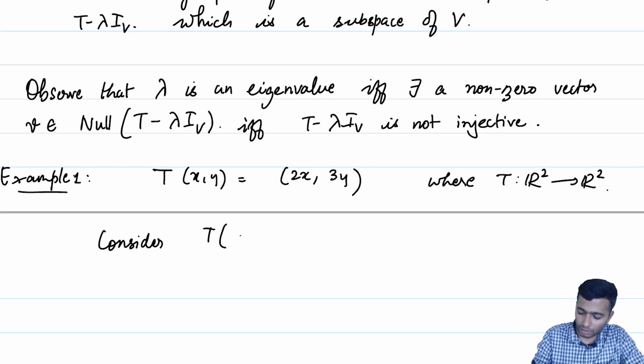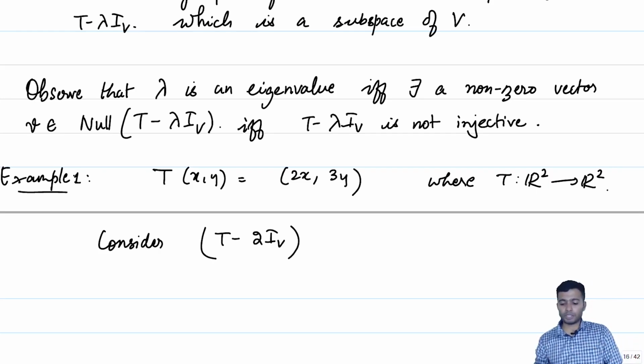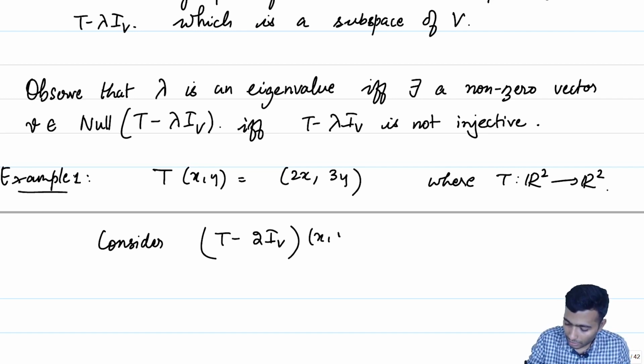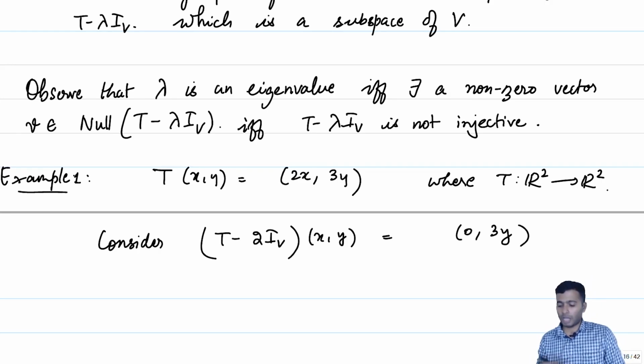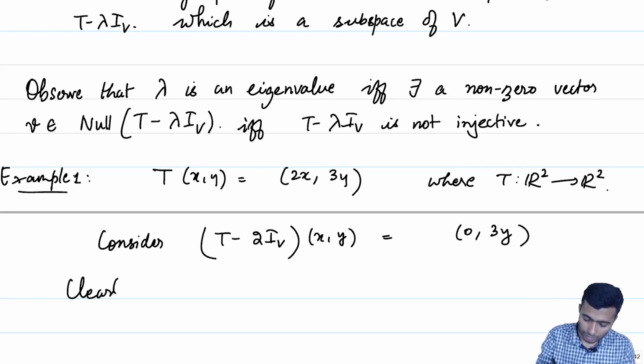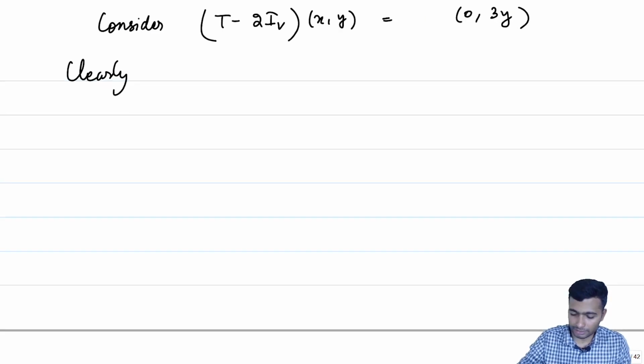We would like to see whether its null space is just the 0 vector or there are more. But we already know that T minus 2 IV of, say, (x, y) is just going to be equal to (0, 3y), right?